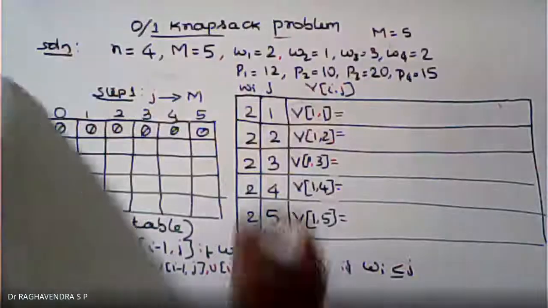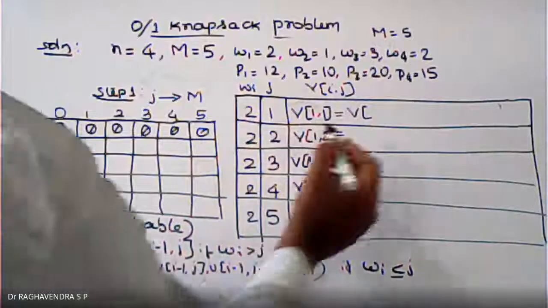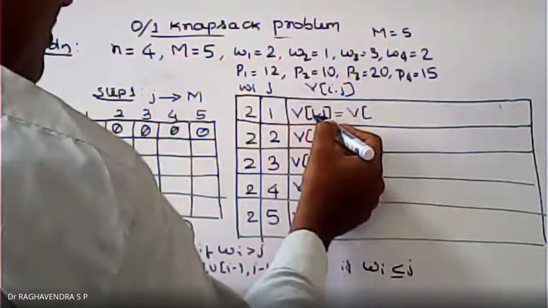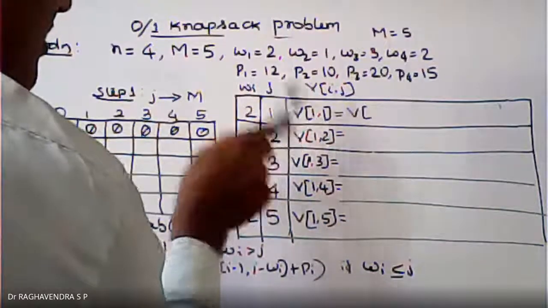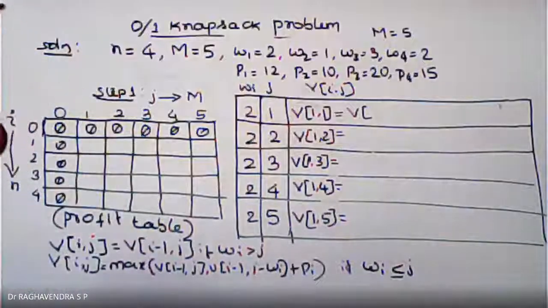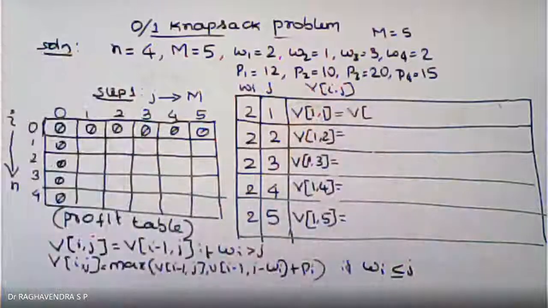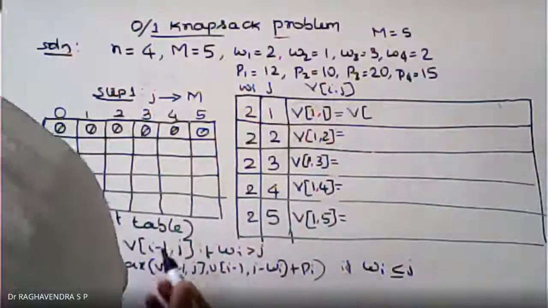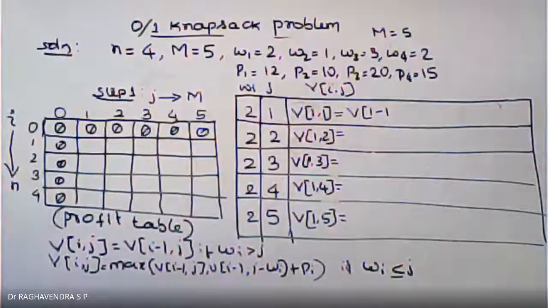So when 2 is greater than 1, this is what I have to find out. V of I minus 1. What is the value of I here? Which item are you inserting? It is 1, right? So I minus 1 is 1 minus 1. Correct?